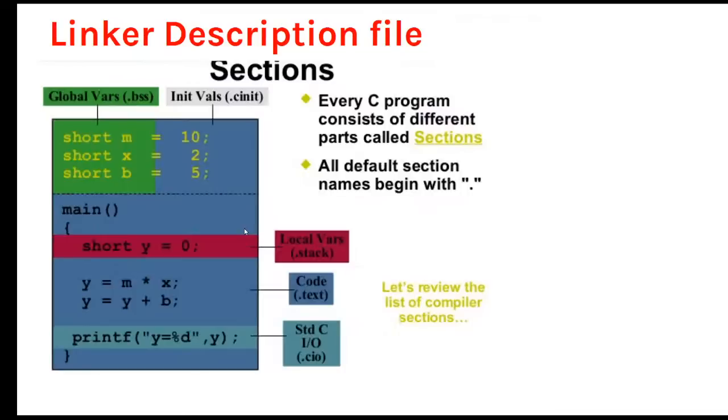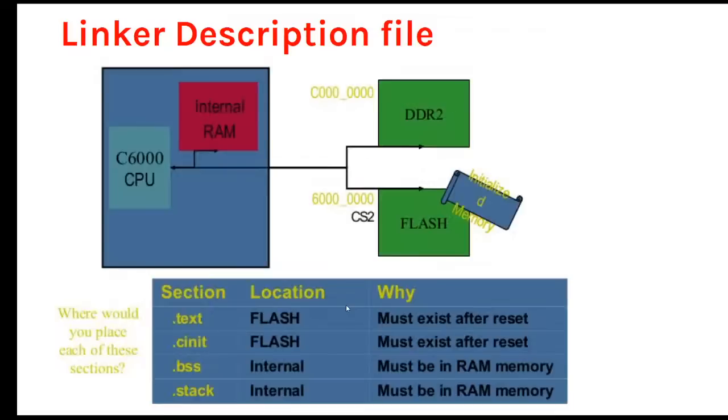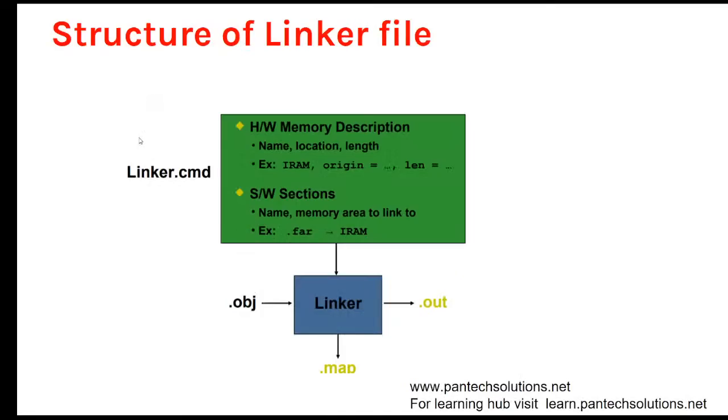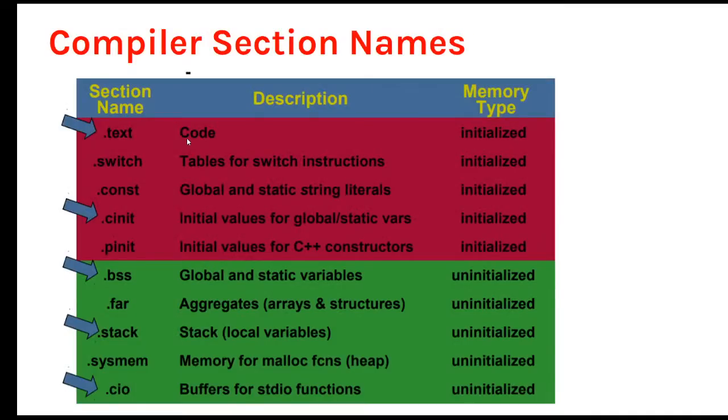So every C program will have sections like .cinit sections, .bss sections, .stack sections, .text sections, and .cio sections. So this linker description will define that the .text you have to place on the flash memory.